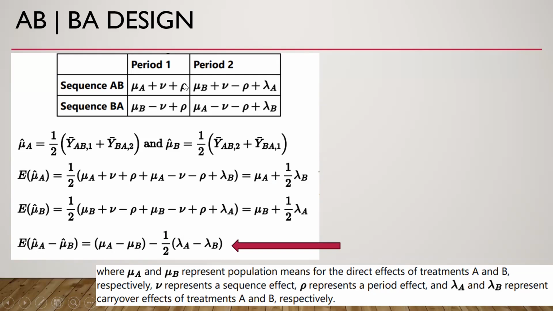And this is the period effect, and we have included the period effect in the first period in both the sequences, and we have omitted it from the second period in both the sequences. And this lambda A and lambda B are the carryover effects from the previous period. So if we want to estimate the difference between treatment A and B, we simply estimate the difference between those effects and this term of carryover. If we assume that carryover A and B are the same, then this term will disappear.